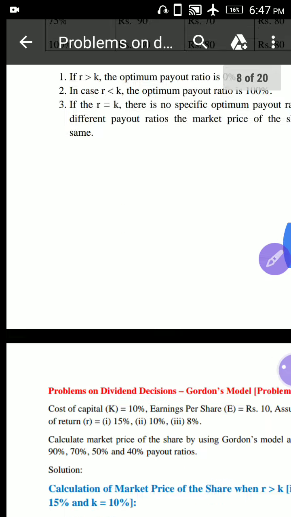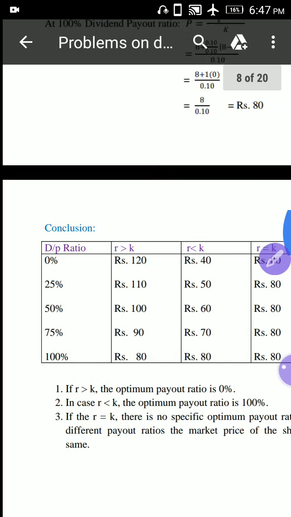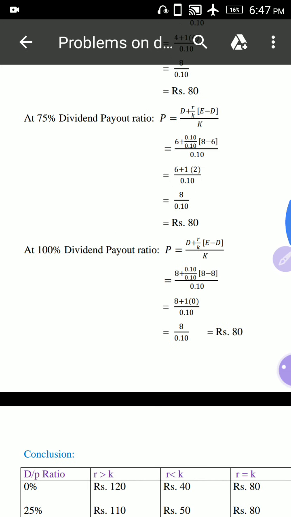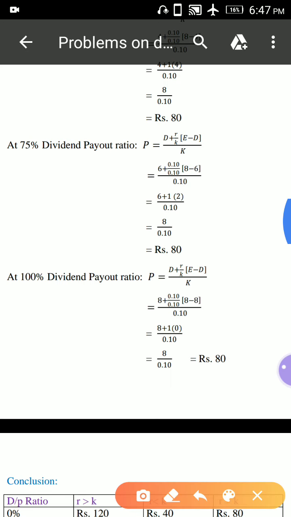At the same time, here is the calculation for 100% dividend payout ratio, 8 rupees. D value 8, R 0.10, K 0.10 into (8 minus 8) divided by 0.10.